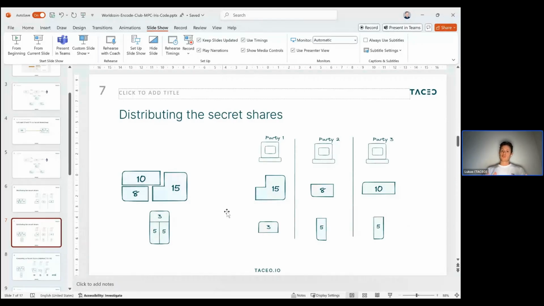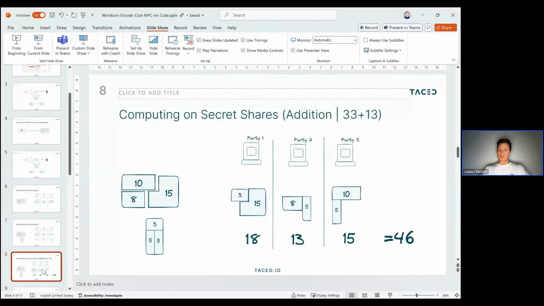Now, what do these three parties have to do if they want to compute the addition of these two numbers? Because it's an additive secret sharing scheme, they can just literally add the two secret shares that they received, each locally on their own. And here it is important to note that these intermediary results, like 18, 13, and 15, do not leak any information about the final result.